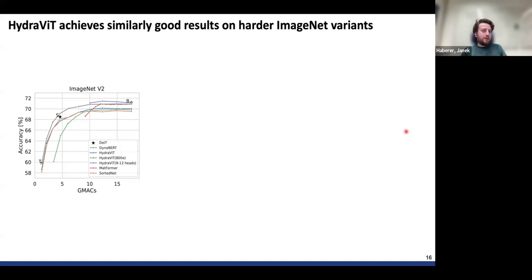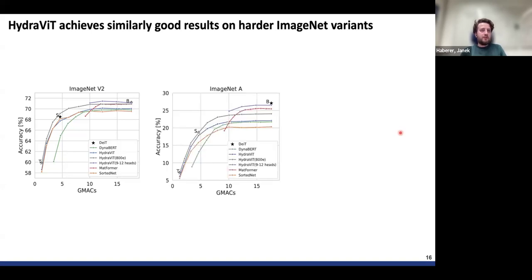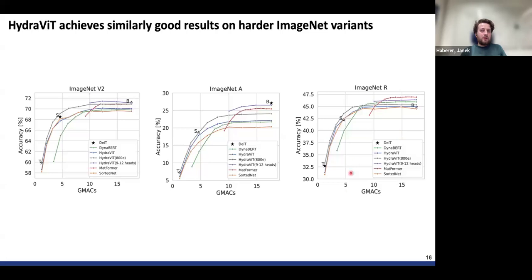And basically we see a very similar picture to the normal ImageNet 1K results. And then we also have ImageNet A and ImageNet R. And yeah, well, there are some inconsistencies we can see here.